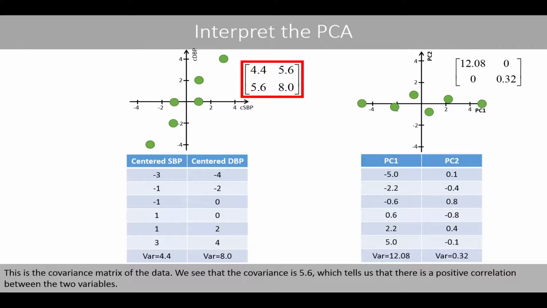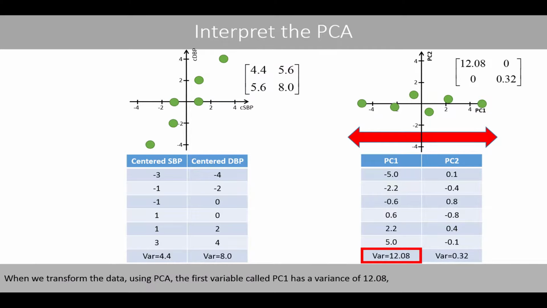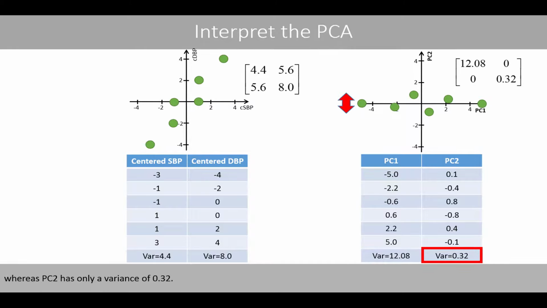We see that the covariance is 5.6, which tells us that there is a positive correlation between the two variables. When you transform the data using PCA, the first variable, called PC1, has a variance of 12.08, whereas PC2 has only a variance of 0.32.